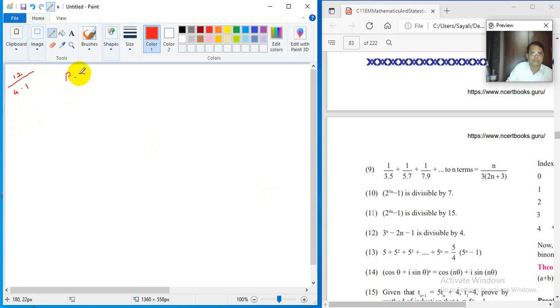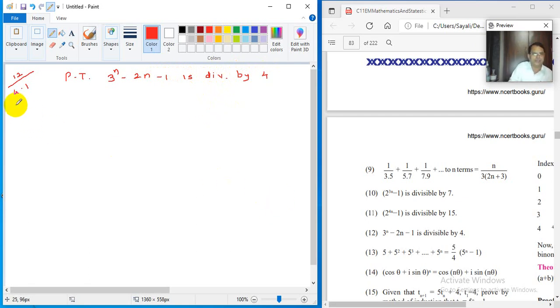Prove that 3 raised to n minus 2n minus 1 is divisible by 4. I will just write divisible by 4. This is what I have to prove.